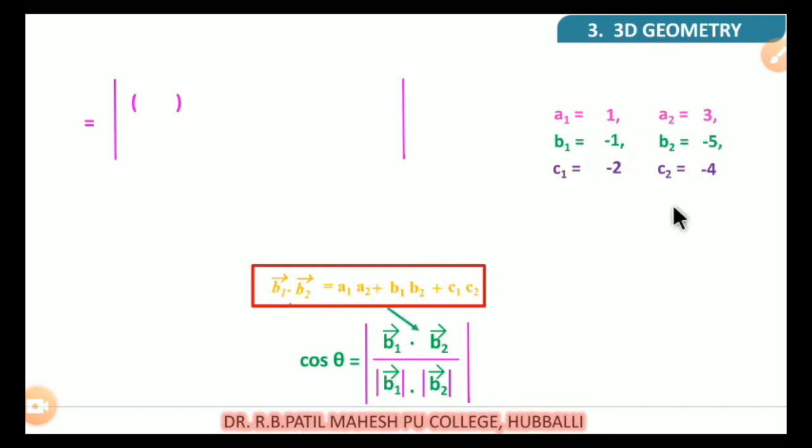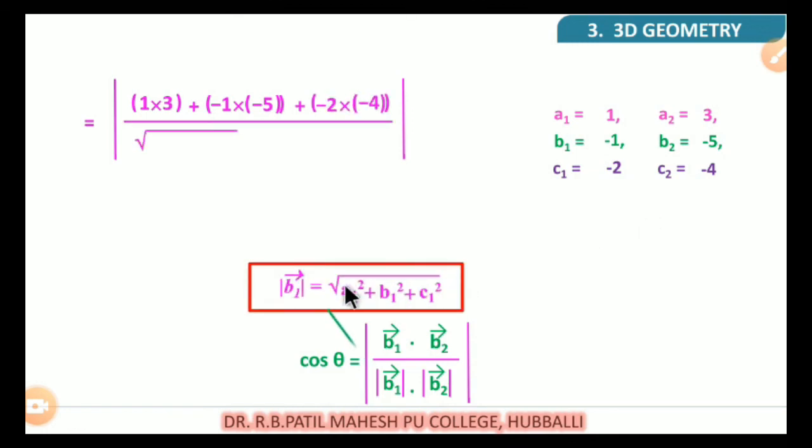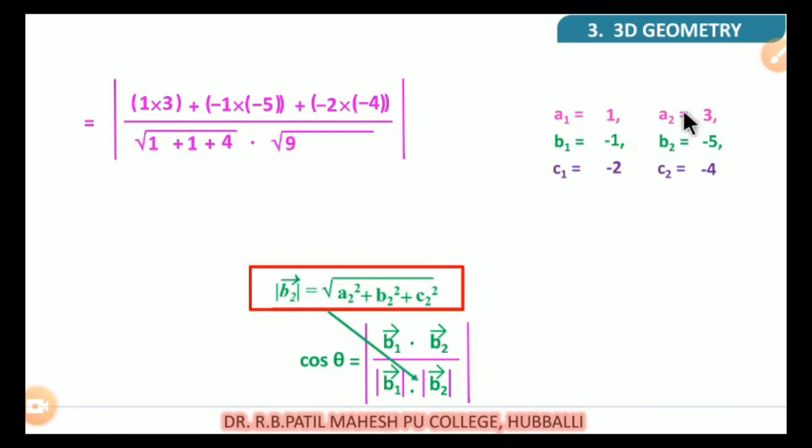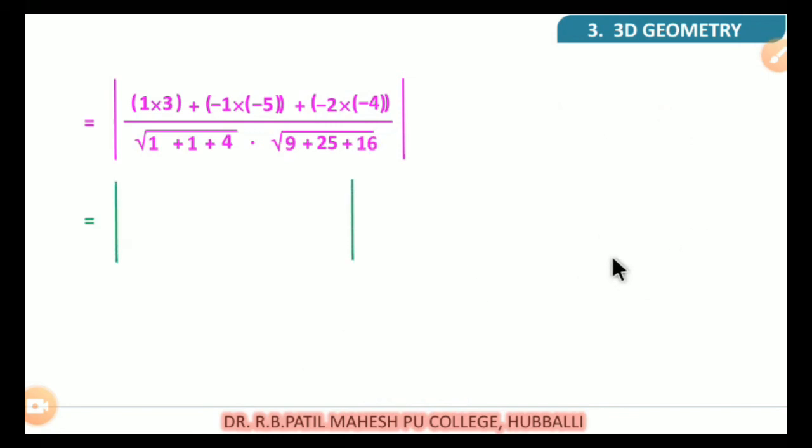So this is 1 into 3 plus minus 1 into minus 5 plus minus 2 into minus 4 whole divided by square root of b1, that is here 1 square plus minus 1 whole square plus minus 2 whole square, that is 4, into again square root of 3 square is 9 plus minus 5 whole square is 25 plus minus 4 whole square is 16. And now the simplification will be running here.